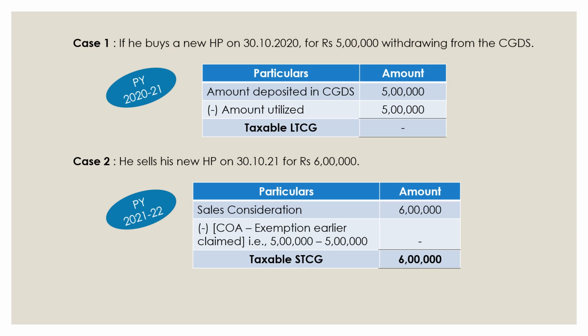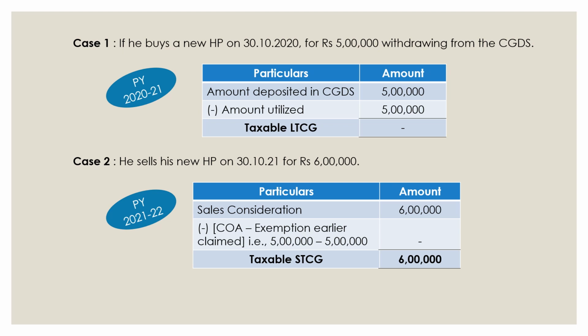Same way, case 2. If Mr. Raj sells this new house which he has bought on 30/10/2020, he is selling that house immediately after 1 year and he sells it for 6 lakhs. Now, what will be his taxable capital gain?